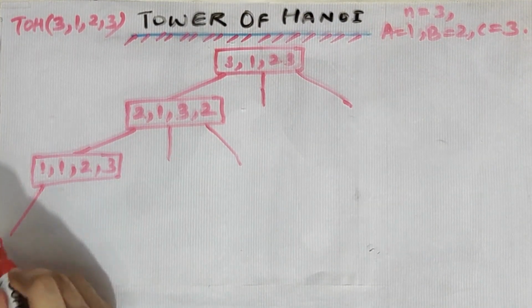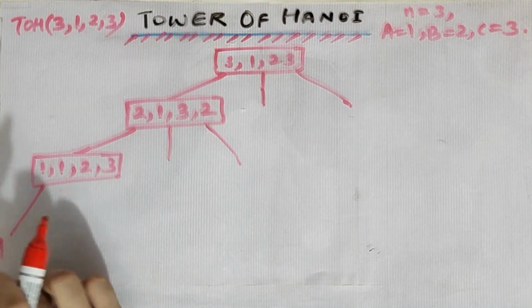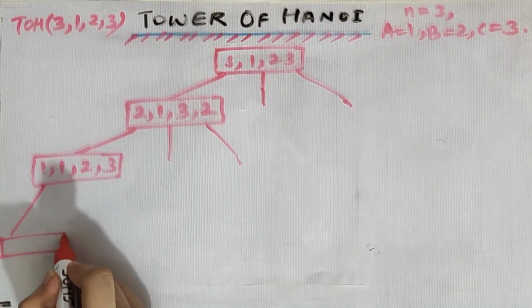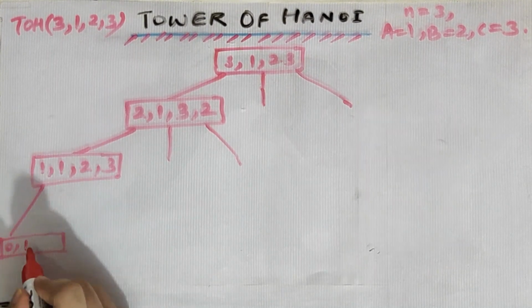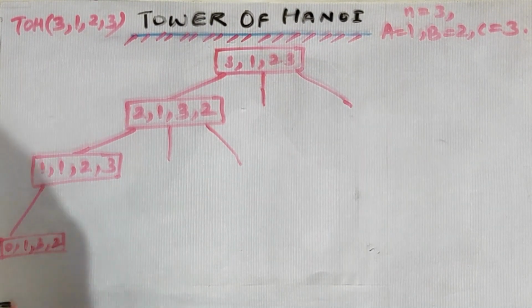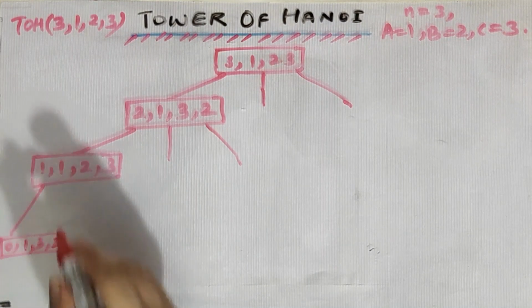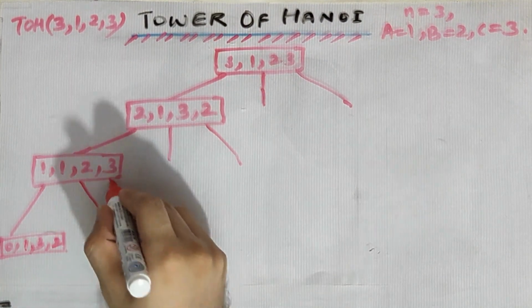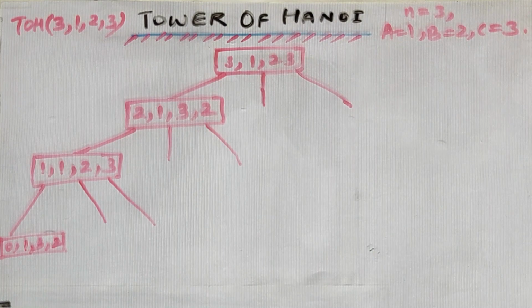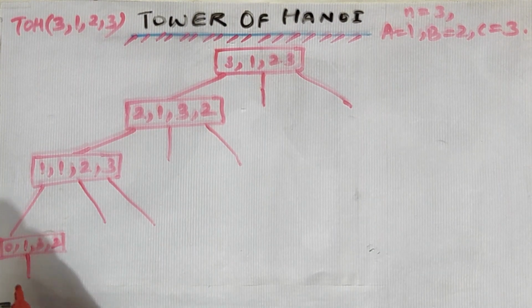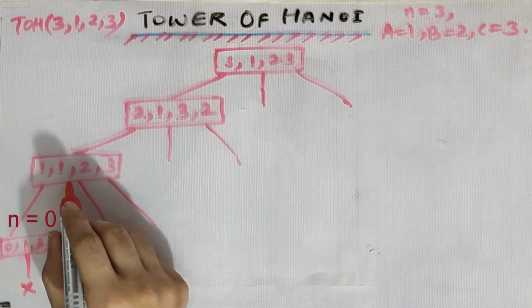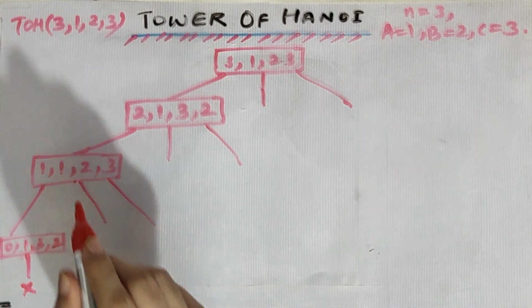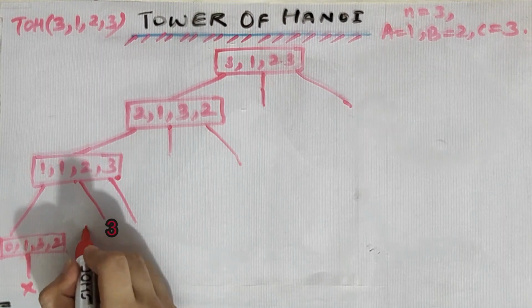This will perform firstly a recursive call with, now n is 0, and we have to move from 1 to 2 using 3, and it will perform 2 other operations at the returning time. Now since n is 0, this call will terminate here, so it will return to this call. Now it will print 1 2.